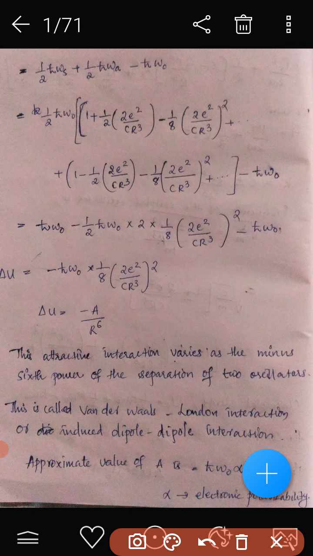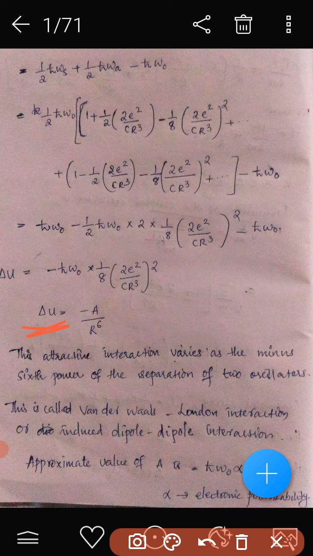Here h cross omega 0 and h cross omega 0 cancel, then the 2 and 2 cancel, and the balance is minus h cross omega 0 into 1 by 8 into (2 e square by c r cube) squared. Then delta U is equal to minus A by r to the power 6. These terms can be represented as A, and (r cube) whole square is r to the power 6.